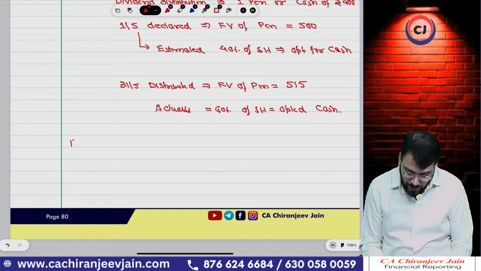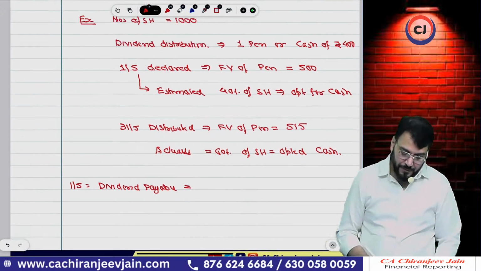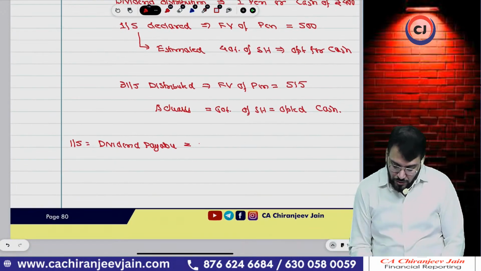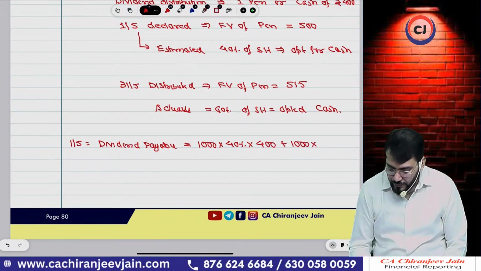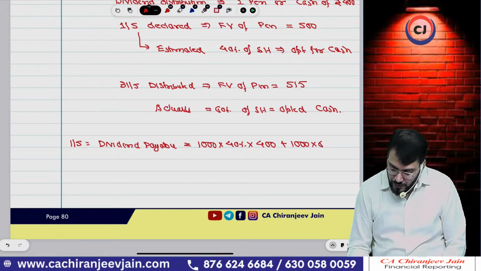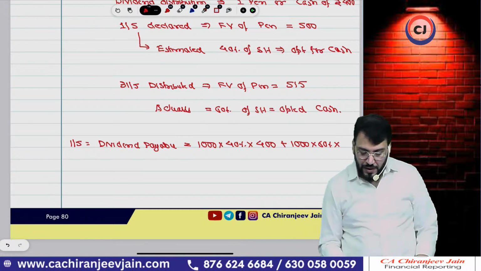On 1/5, what will be the dividend payable? So it will be 1000 into 40% into 400 plus 1000 into 60% into 500.